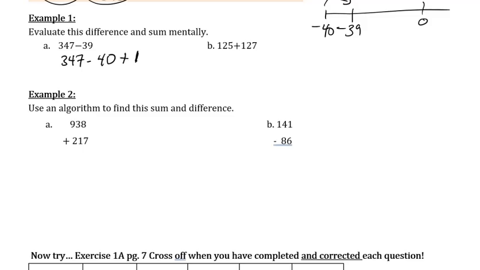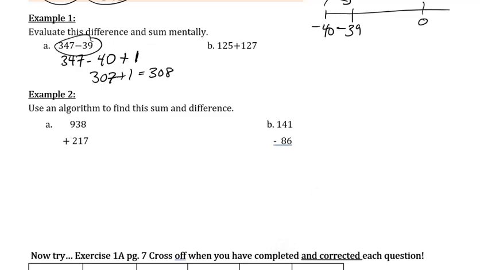I have to add that back in. And that will work out to be 307 plus 1, which is 308. So if you're not sure whether it should be plus or minus, try it. 307 plus 1, and then go back and use a calculator or use your algorithm to test and see what that is, but that'll be your right answer.